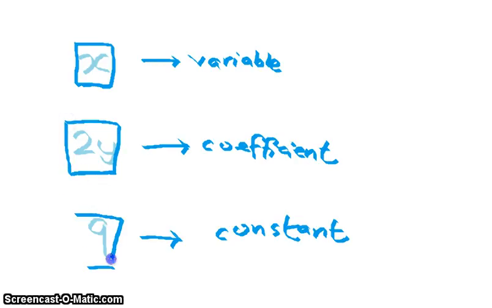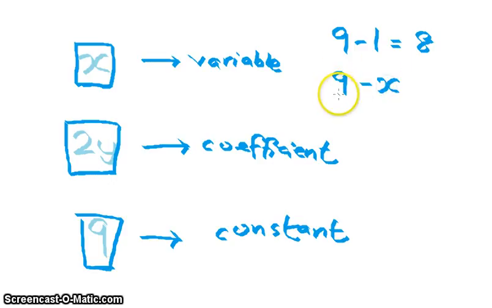If I ask you 9 minus 1, it is equal to 8. But if I ask you what is 9 minus x, this is a constant and this is a variable. We cannot make out a new answer to this, so this is the answer.